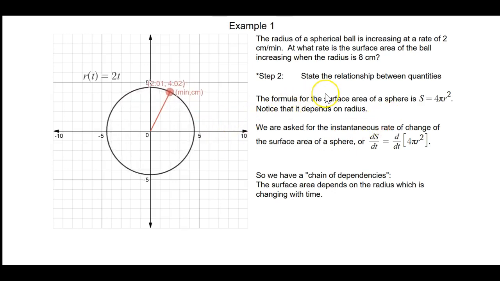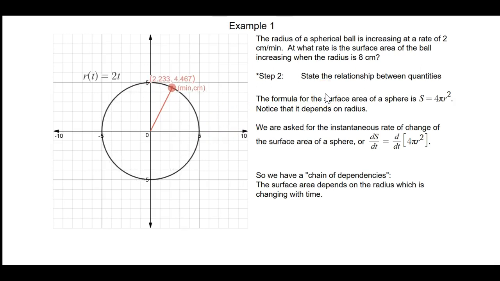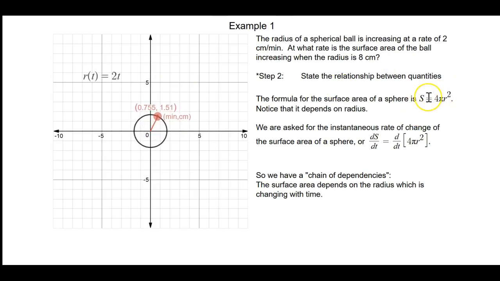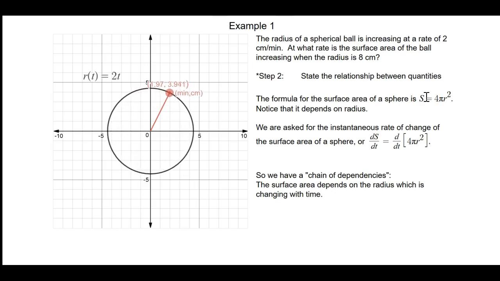Now what we want to do is find a formula or equation to relate surface area and radius. The surface area formula for a sphere is 4 pi r squared. And notice that the sphere's surface area depends on the radius. Since we want the instantaneous rate of change of the surface area of the sphere, we want to differentiate this.